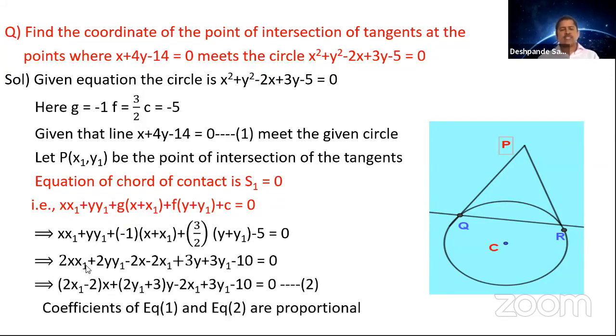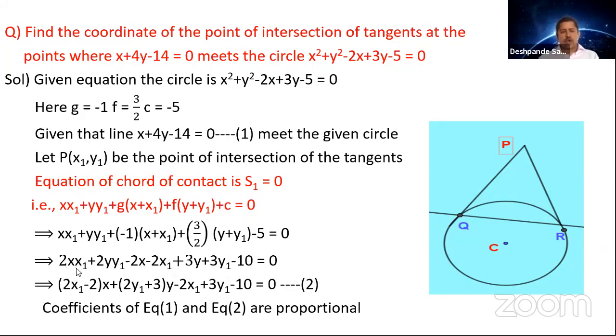So 2xx1 plus 2yy1 minus 2x minus 2x1 plus 3y plus 3y1 minus 10 is equal to 0 after taking the LCM. So denominator 2 can go to the right hand side. Now you see that there is an x here as well as here.